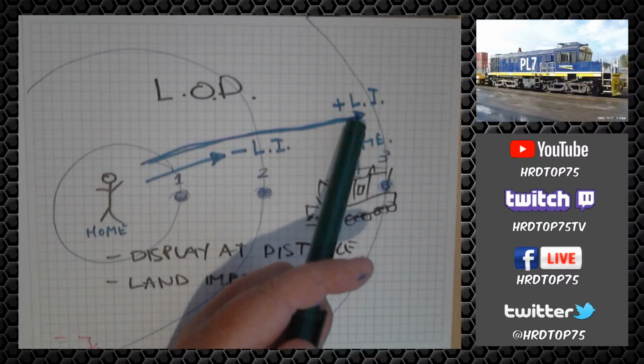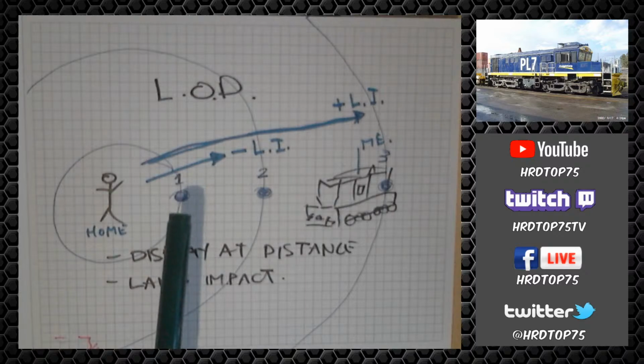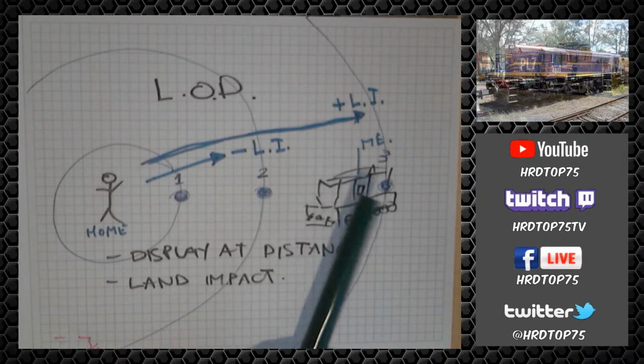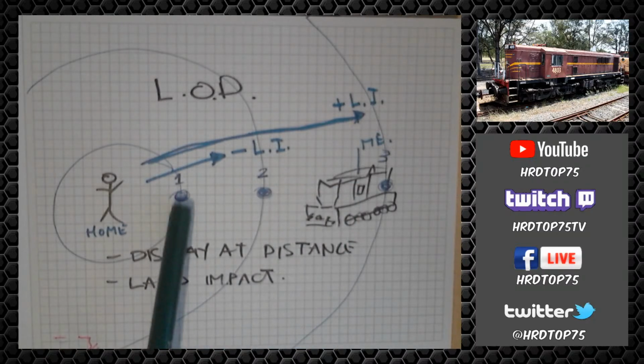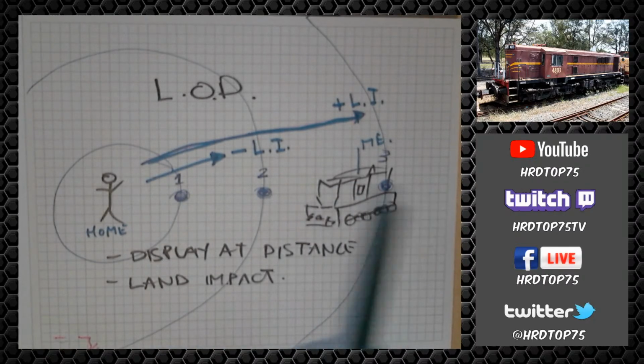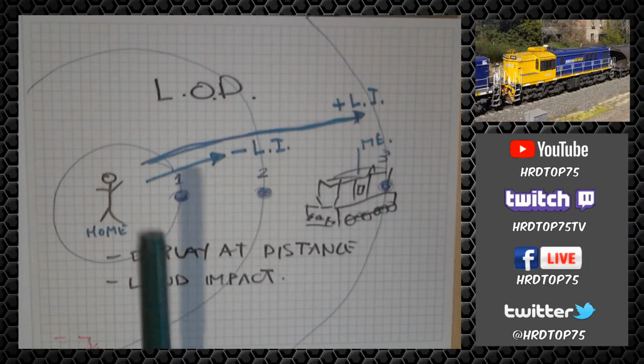Now, I say the greater the land impact with the greater the rings. The land impact of the locomotive is going to be the same here in distance to here. The land impact doesn't change. It's just the display.